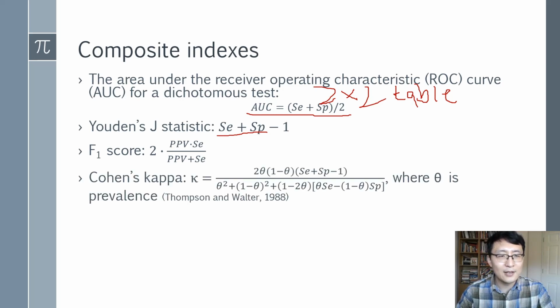Another useful index is called Cohen's kappa. Many of you may be familiar with this term. It is used to measure inter-rater agreement. For example, you have one rater or one testing product that tells the patients whether they are positive or not positive.